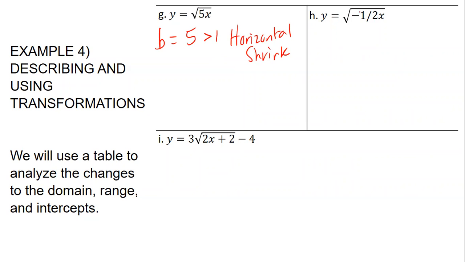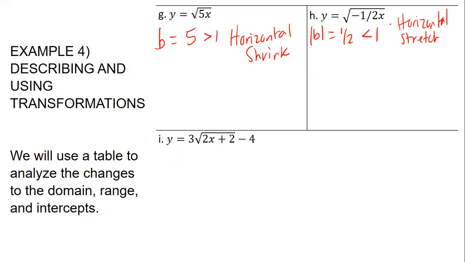All right. With that same token on this side, the absolute value of our b is 1/2. And 1/2 is less than 1. And less than 1 is actually a stretch. X's have to be difficult, I tell you. Okay. Now, this one also has a negative.